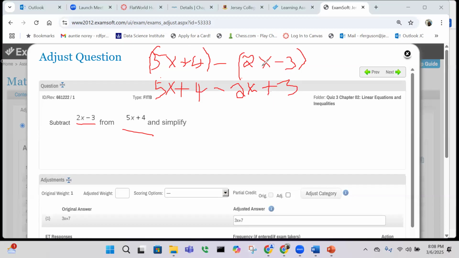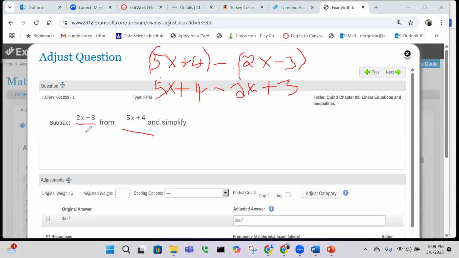Again, if you didn't put the parentheses, you would forget to distribute and realize that this also gets the negative. The negative in front of the parentheses gives me the opposite sign of everything inside. 2x was positive, so now it's negative. 3 was negative, and now it's positive. I want the opposite of the signs in there.